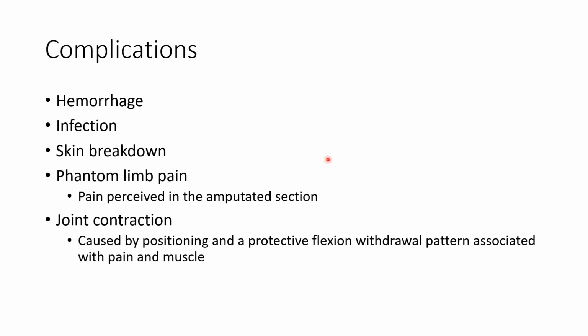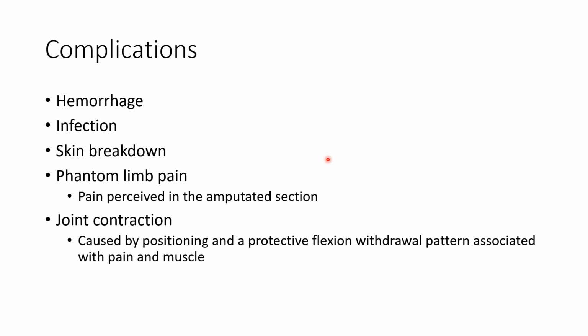Some of our complications include things like hemorrhaging, infection, skin breakdown, phantom limb pain, which is pain perceived in the amputated section, and other things like joint contraction. And this is caused by positioning and a protective flexion withdrawal pattern associated with pain and muscles, right?